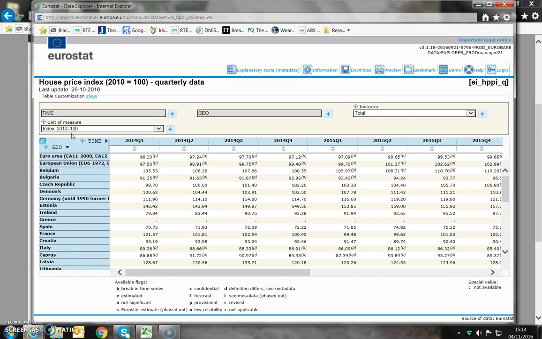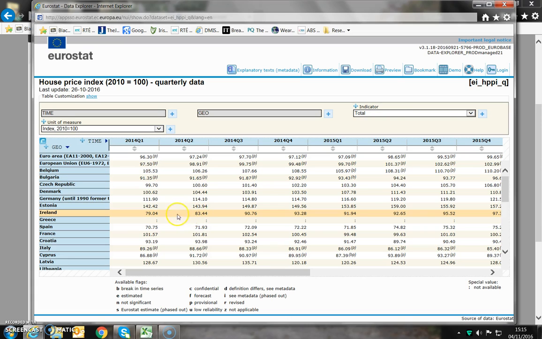Looking at Ireland, you can see in 2014 quarter 1, compared to the base year of 100 in 2010, you have prices at 79.04. What this means is that prices have decreased just under 21%. So the difference between 100 and 79.04 is just under 21%. So you can see that house prices have decreased in Ireland by 21% at that time.